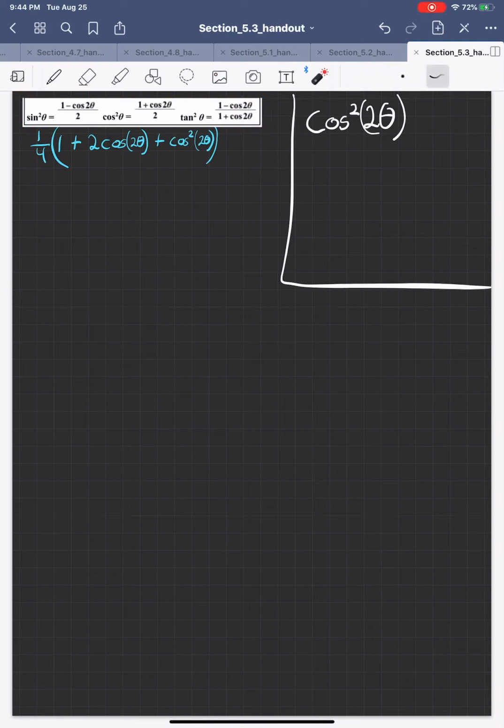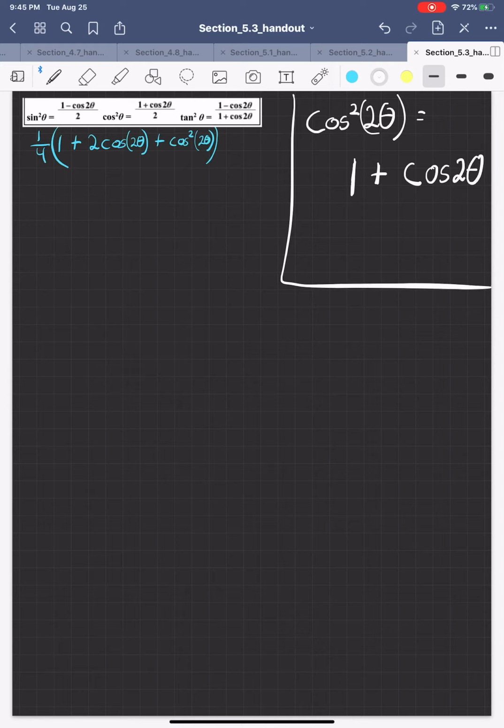So I have a formula for cosine squared, but I need a formula for cosine squared double theta, not just theta. Let's see if you can agree with me here. So let's start. Cosine squared theta can be rewritten as 1 plus cosine double theta, over 2.